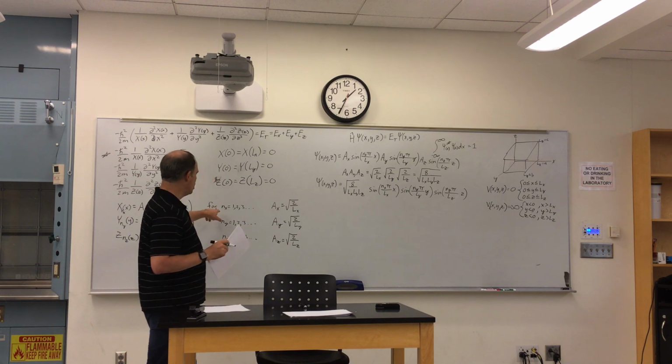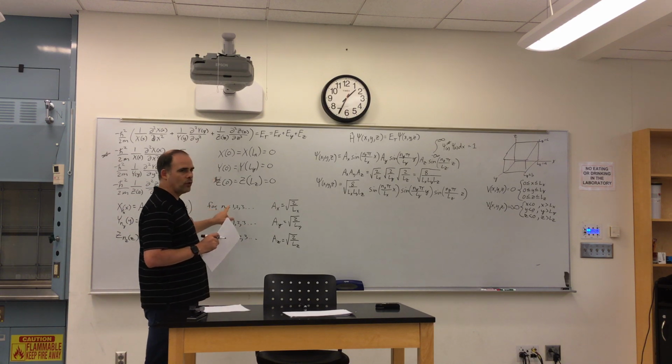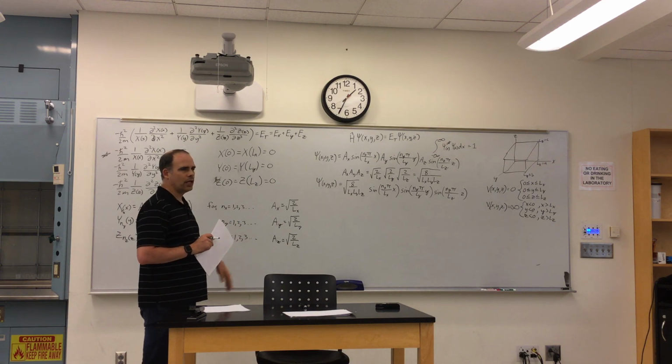And that's for nx being 1, 2, 3, and ny being 1, 2, 3, and nz being 1, 2, 3. They have to be integer values.